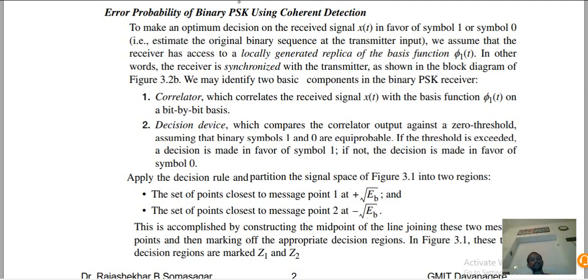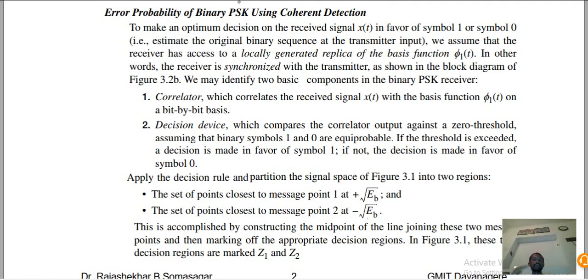Next is the decision device, which compares the correlator output against a zero threshold, assuming the binary symbols 1 and 0 are equiprobable. Equiprobable means they are equally occurring.